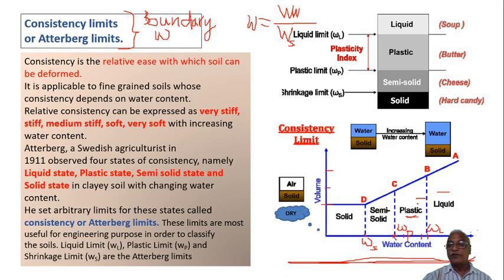The boundary water content between plastic and liquid state is liquid limit. The boundary water content between semi-solid and plastic state is known as plastic limit. The boundary water content between solid state and semi-solid state is known as shrinkage limit. Okay, we'll go further.